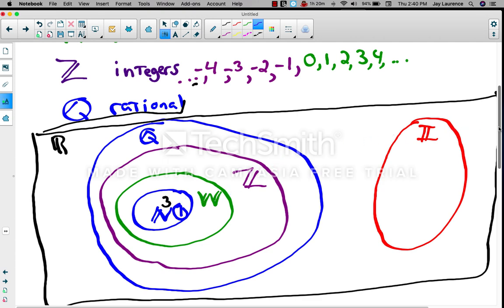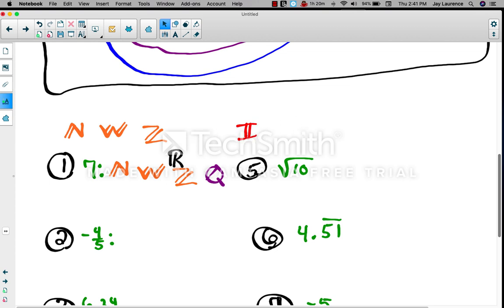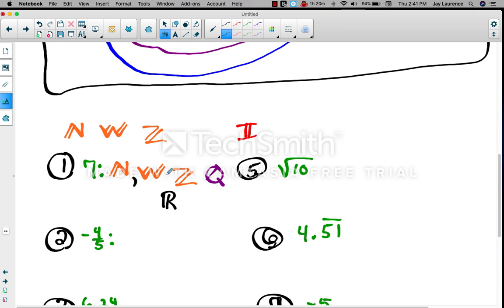So it's not just a natural number, it's also a whole number, it's also an integer, and it's also rational. Now, one thing you might not realize is it's also a real number. Okay, so the number 7 belongs to all of those groups: natural, whole, integer, rational, and then real.